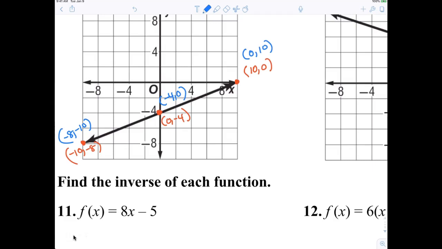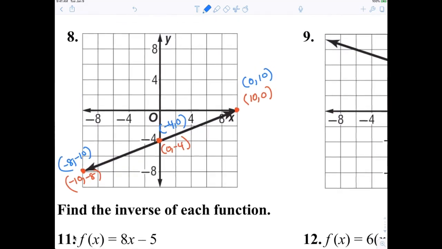So let's graph 0, 10, -4, 0, and then -8, -10. And then if you draw that line, the blue line represents the inverse. Is everybody happy with that?